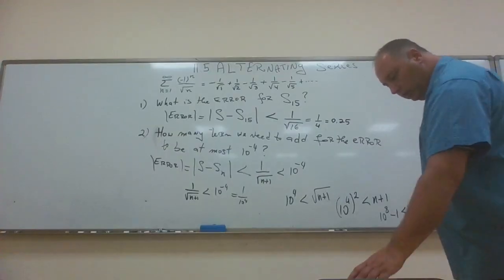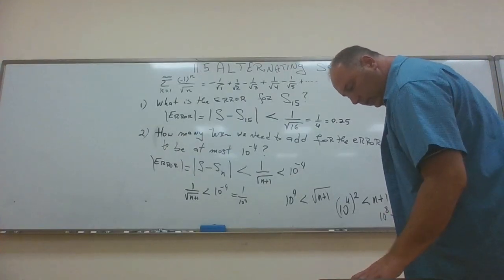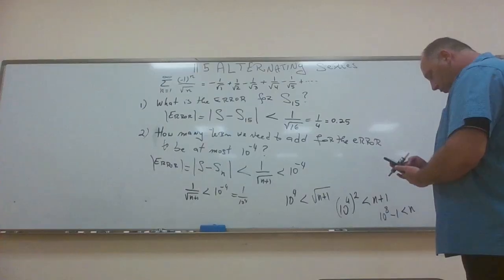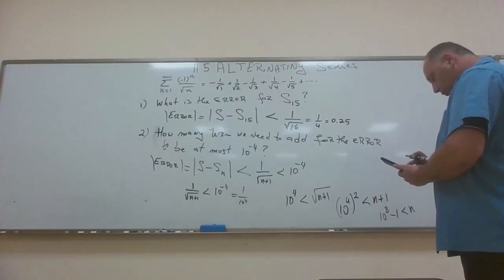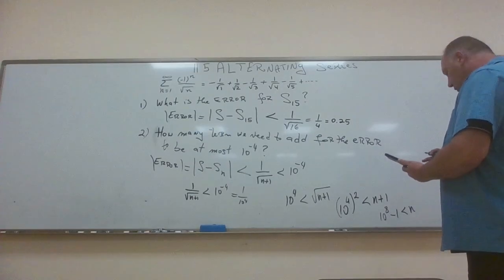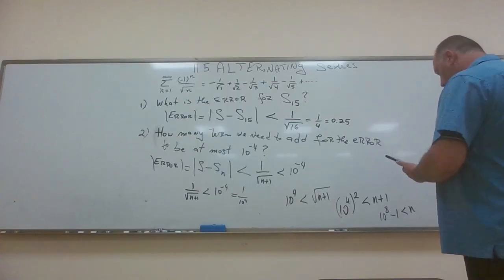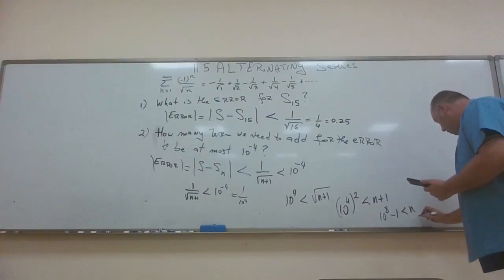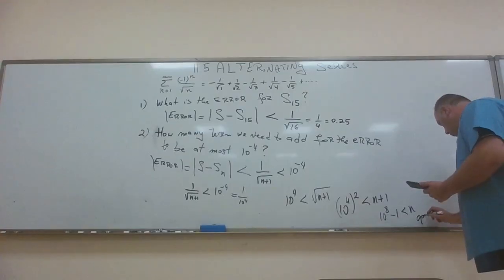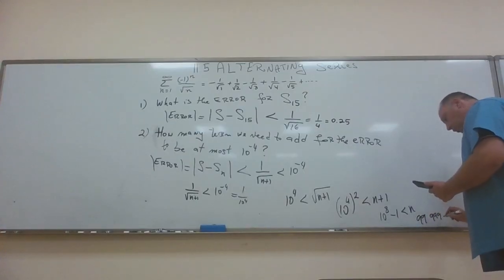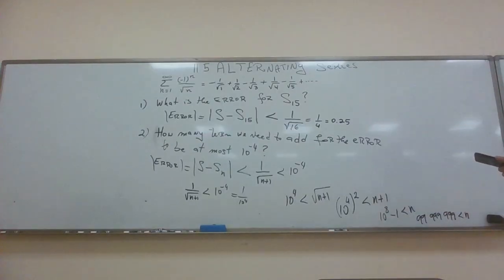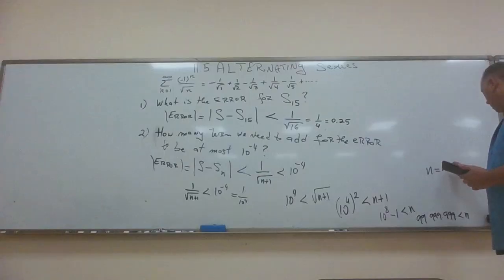So just to get a number, 10 to the power 8 minus 1. There's a lot of 9s. So n is the next number, that will be 10 to the power 8.